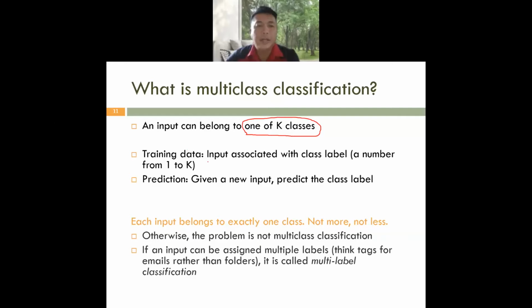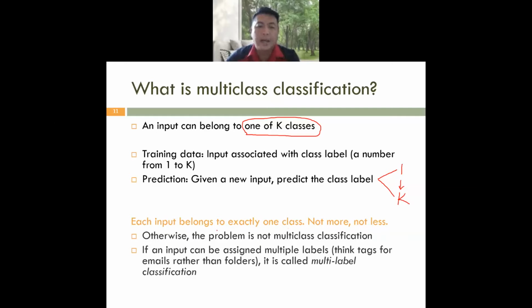So the training data input is associated with a class label, a number from 1 to K. Okay, so we have K labels. The prediction task here is, given a new input, we want to predict the class label, coming from class 1 up to K. Each input belongs to exactly one class, not more, not less.